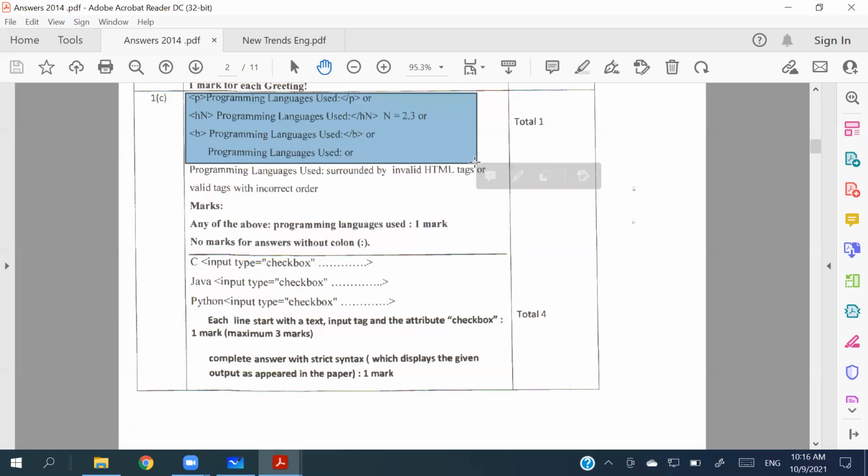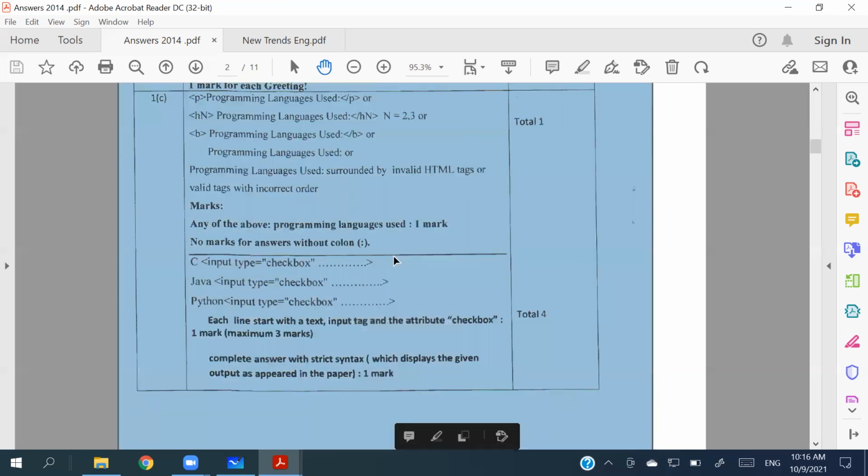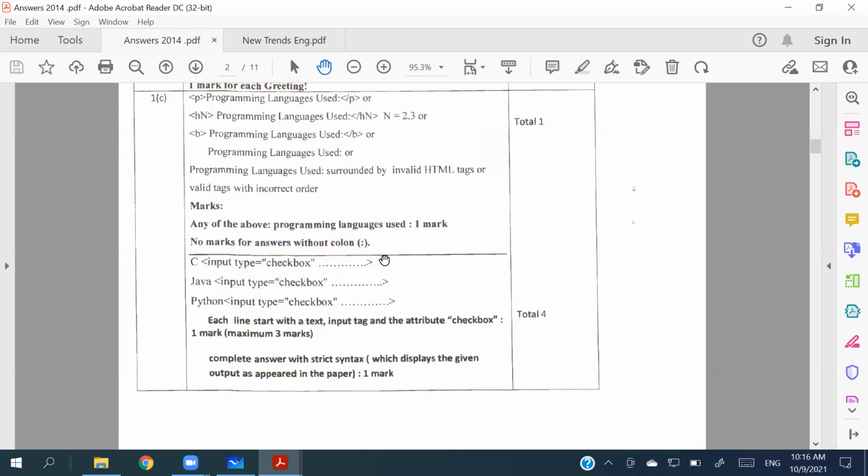And strictly check the capital and simple letters, colon marks and all these things. For the checkboxes, you should have this code as it is. You don't need dotted lines. Like C, then open the input tag, type equal checkbox is sufficient according to this marking scheme. But don't get used to that. And clearly, you should not have BR tags in between these input tags.